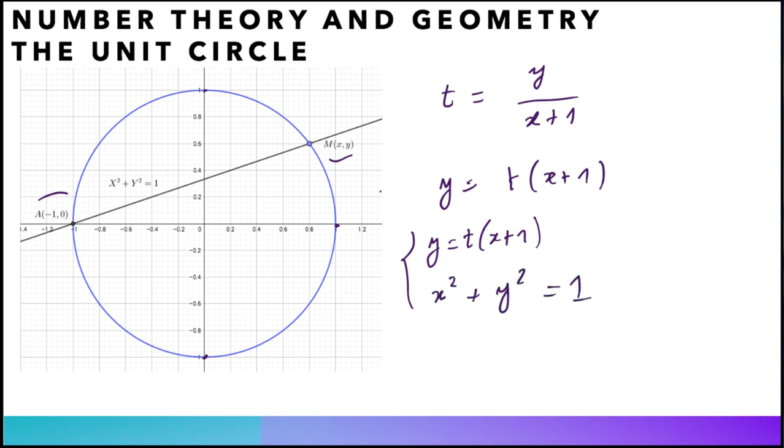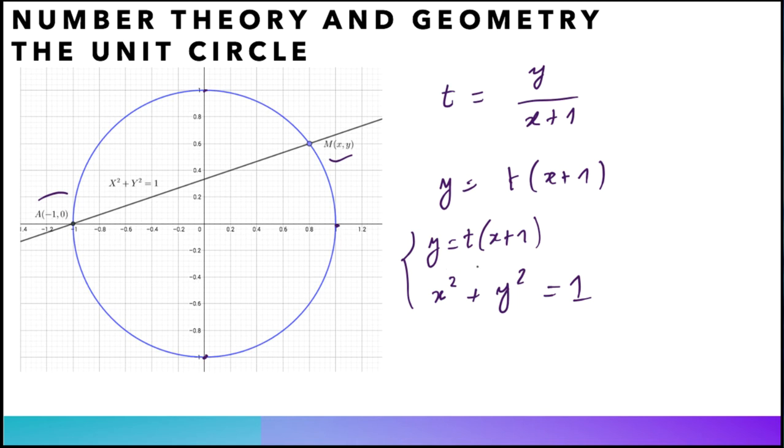Said in another term, a point M of coordinates x and y lies on both the line and the unit circle if x and y verify these equations. Let me remind you that we do not suppose x and y are rational here, we suppose t rational, and we would like to show that x and y will be rational.